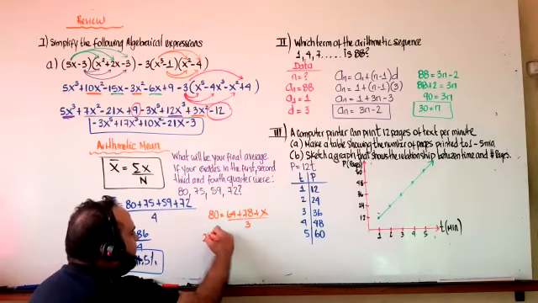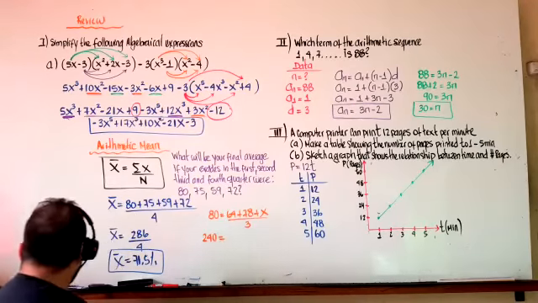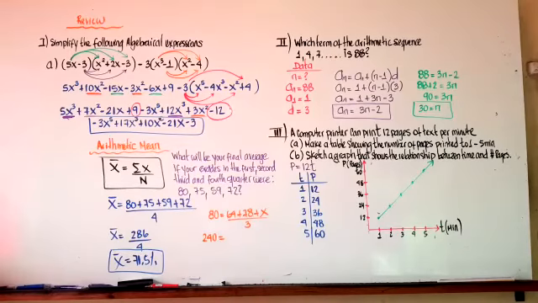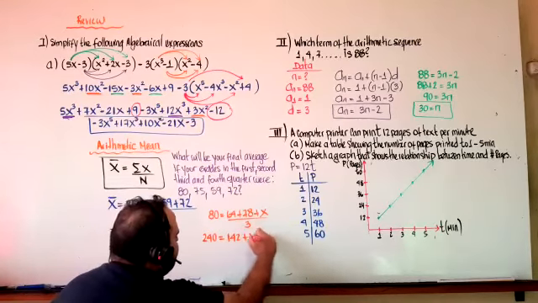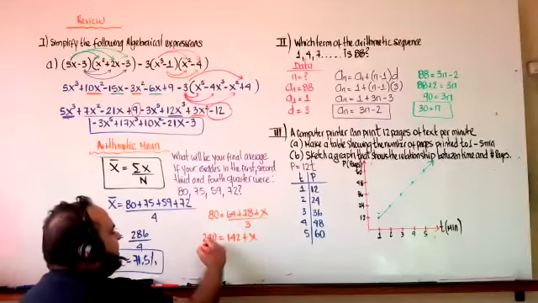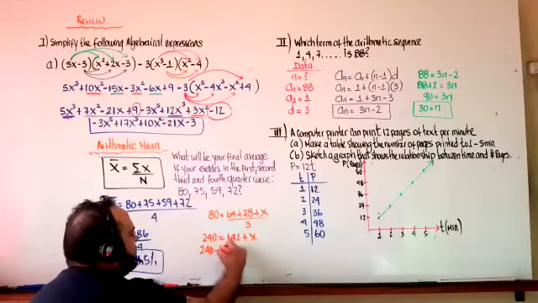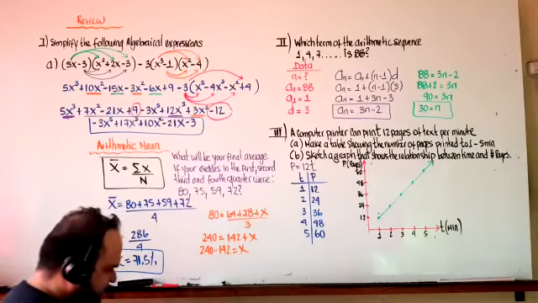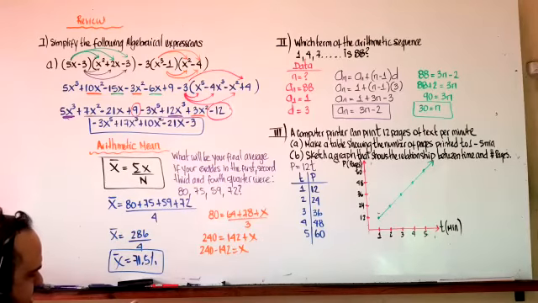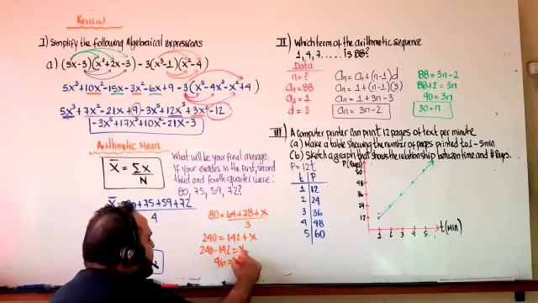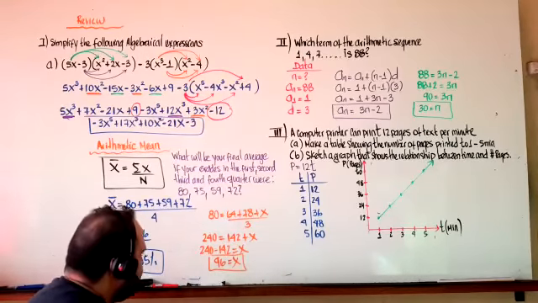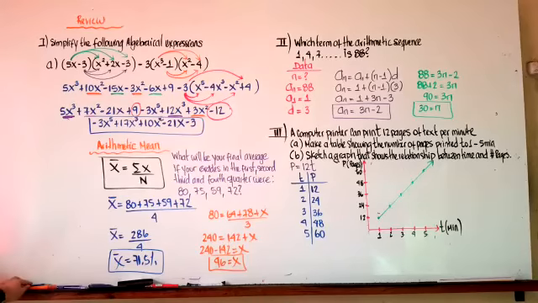That will be 240 equals the addition of 64 and 78. 64 plus 78 will be 142, plus X. Because we're looking for the value of X, 240 minus 142 gives X. So the answer will be 96. The score in the third quarter is supposed to be 96 to get the average of 80.